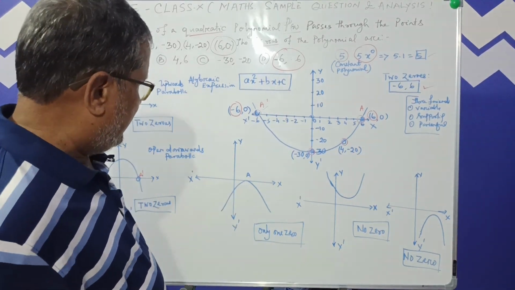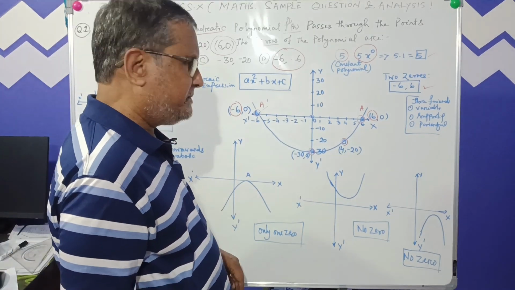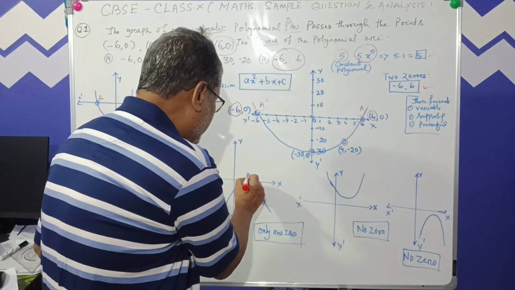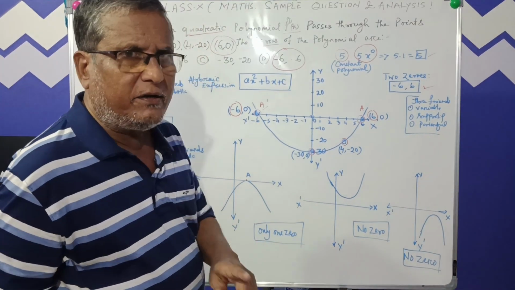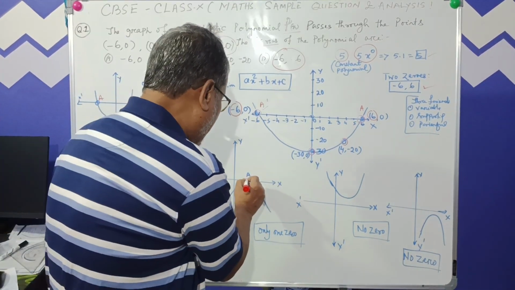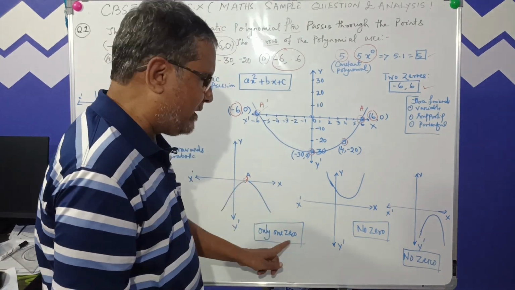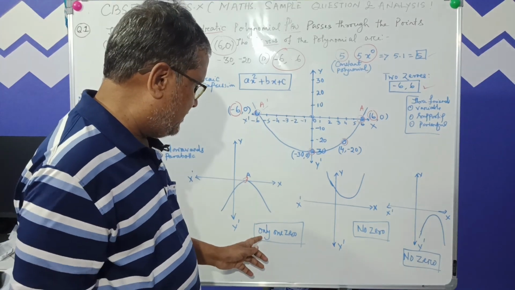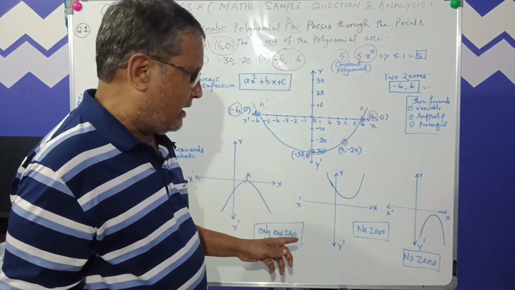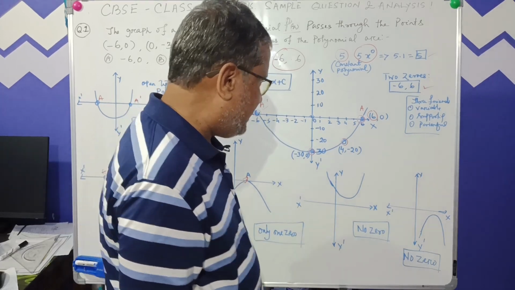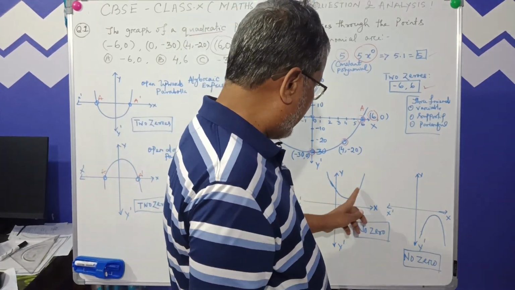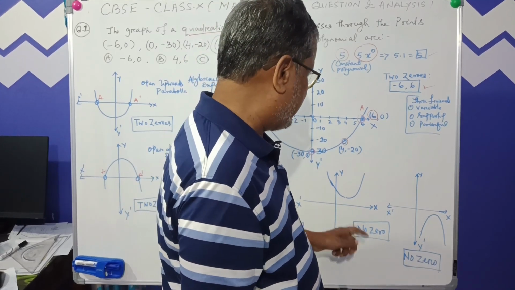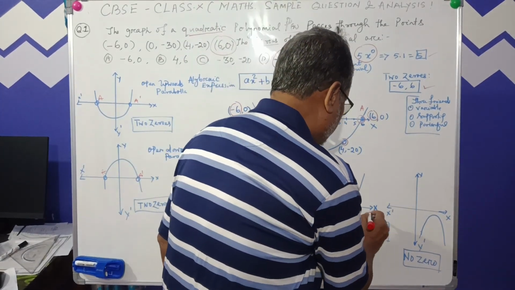But here, look at this graph. Here the cutting point is 1, the intersecting point is 1. How many zeros? Only one zero, though it is a quadratic polynomial. And in this case, you see that the parabola doesn't touch or intersect the x axis. So here, no zero.